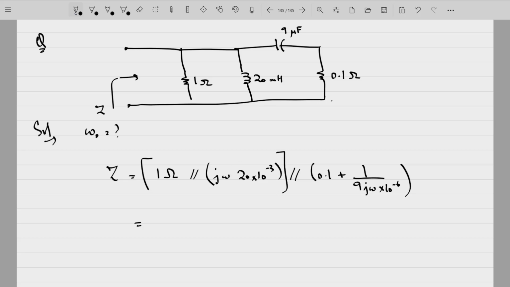So let us do first this portion of this. I think it's better to go with the admittance formula.